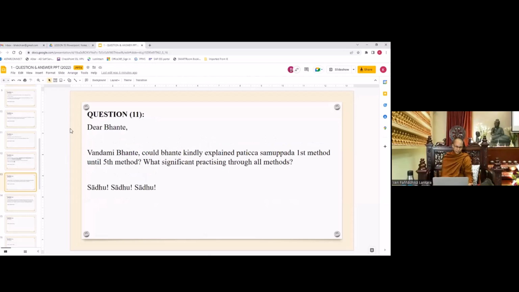Next question. Vandami Bante, could Bante kindly explain Paticca Samuppada from the first method until the fifth method? What is the significance of practicing through all methods? I don't understand what is meant by the first method to the fifth method. Can you clarify the question? This question is from Saleh.